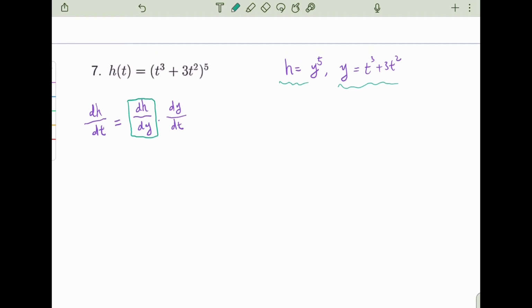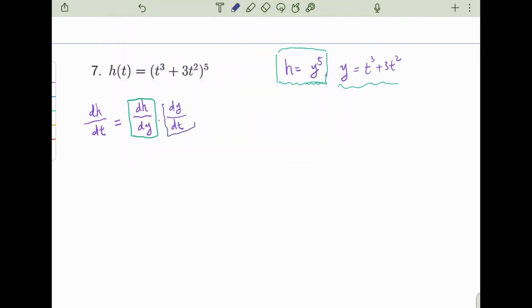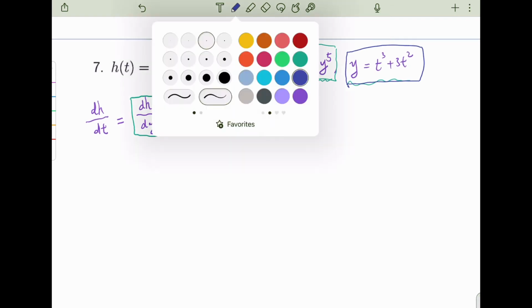Which means when we look for it, we should use the relation between h and y. And the next one is the derivative of y with respect to t, so we should be using the relation between y and t. Okay, so now let's do it.